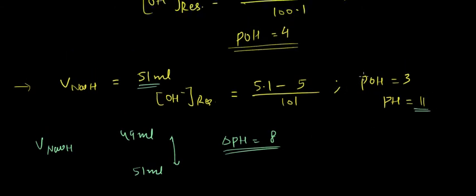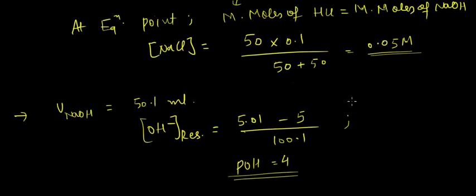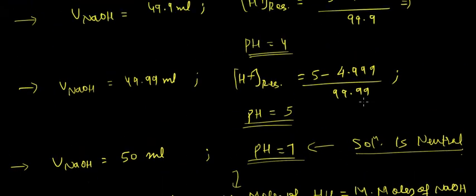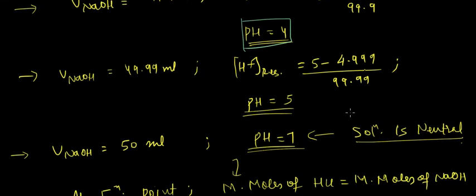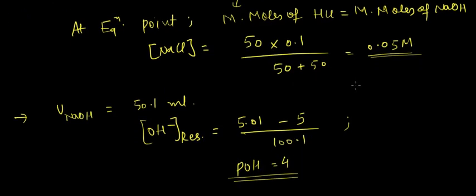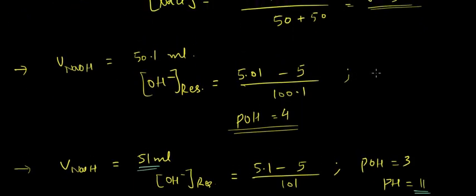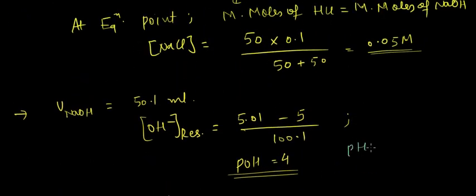Okay, and between 49.9 to 50.1, pH was 4 at 49.9, and at 50.1 pH is equal to 10.